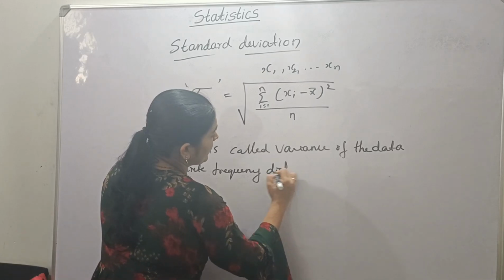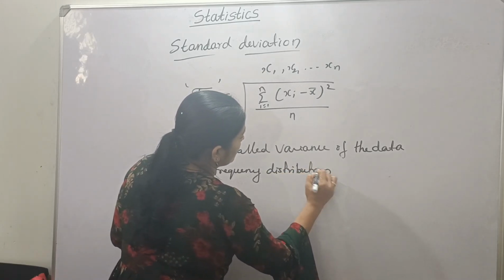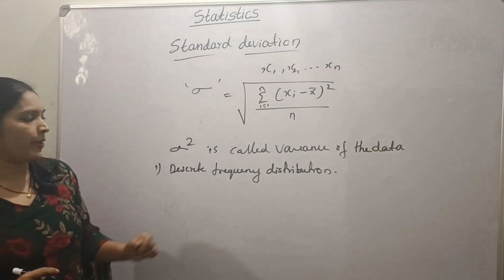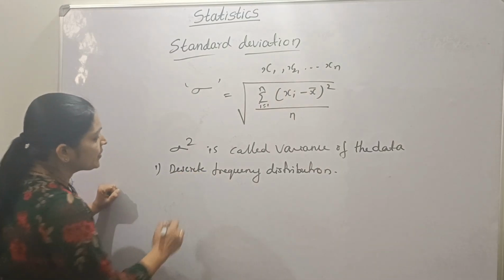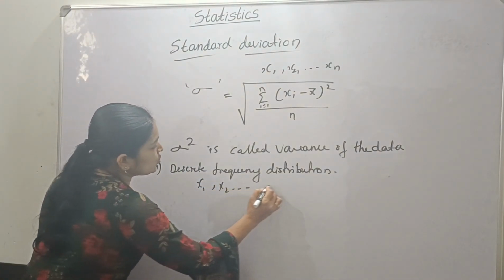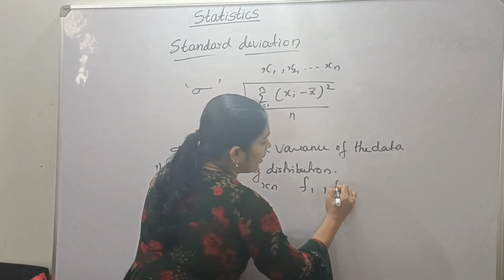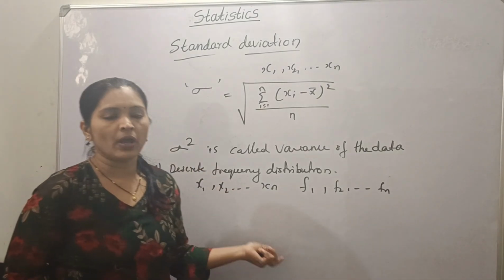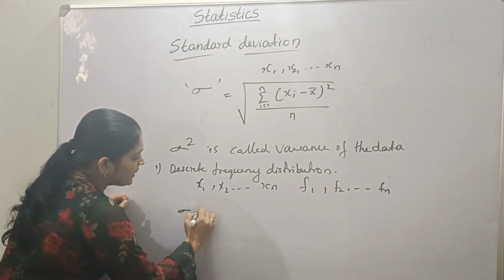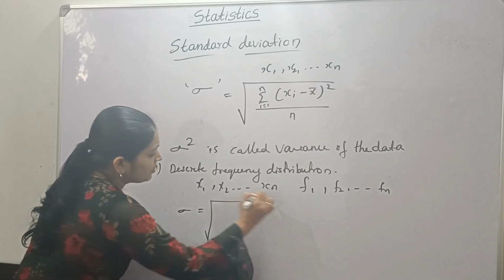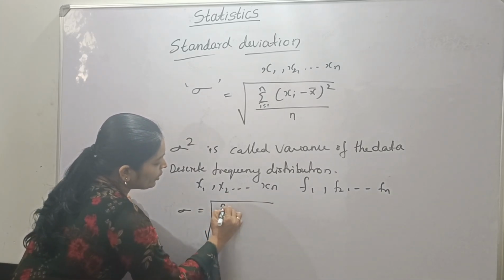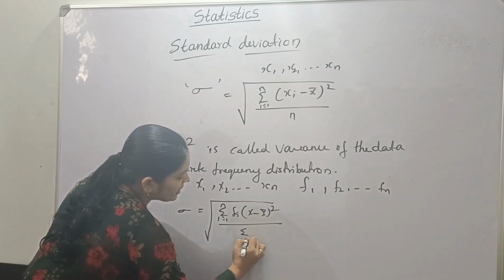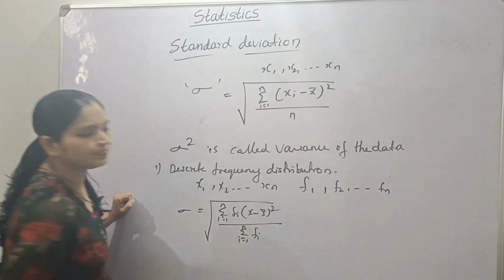Here the standard deviation is only about the mean, not about the median. In a discrete frequency distribution, we have distinct values x1, x2, etc., xn with frequencies f1, f2, etc., fn. Then the standard deviation of the data is sigma, equal to the square root of sigma i equal to 1 to n, fi into (xi minus x bar) whole square, divided by sigma i equal to 1 to n, fi.